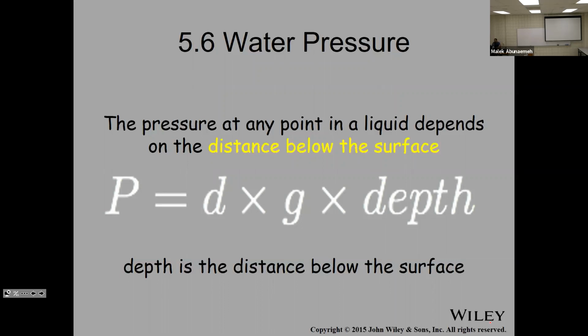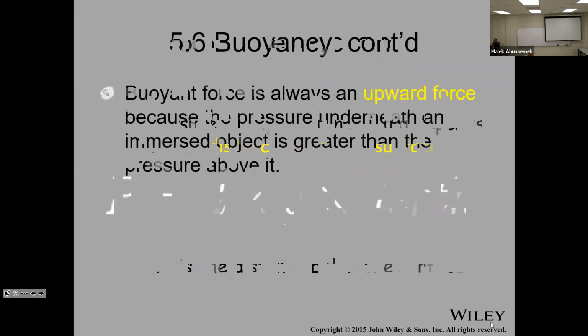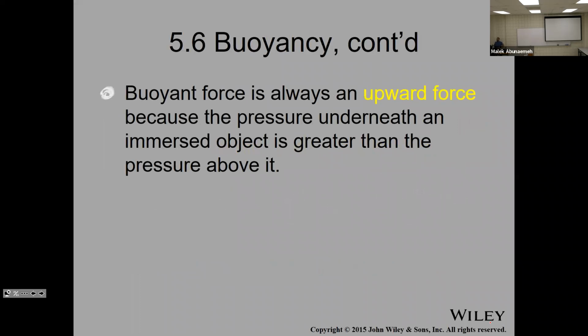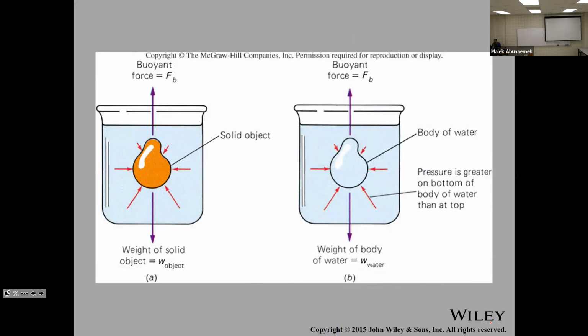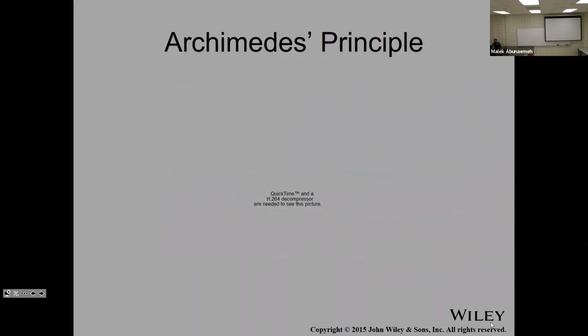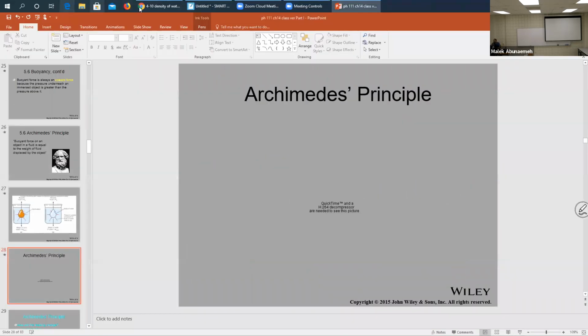Depth is the distance below the surface. So the buoyant force is always an upward force because the pressure underneath the immersed object is greater than the pressure above it. So let me go ahead and show a little video about that.